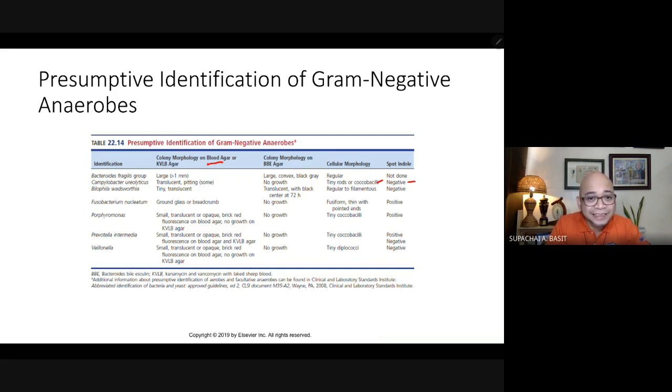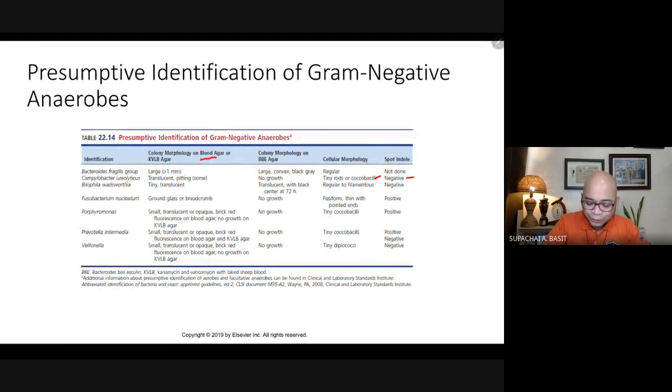Bilophila wadsworthia would have tiny translucent colonies in BAP and KVLB, and also translucent with black centers after 3 days in BBE agar. The organisms are regular to filamentous, and it is negative with spot indole. For Fusobacterium nucleatum, it is characterized by a ground glass or breadcrumb appearance, but there's no growth on BBE agar.